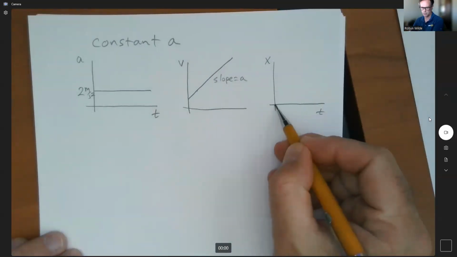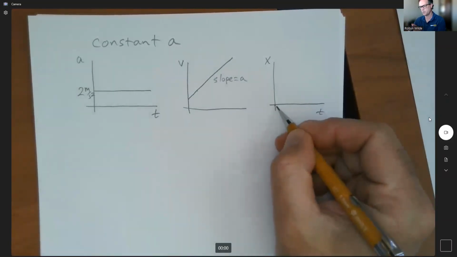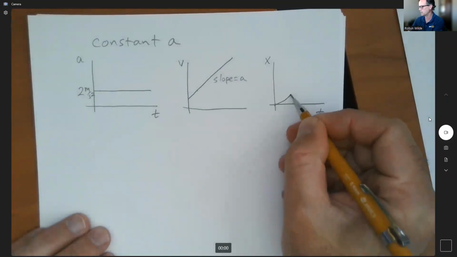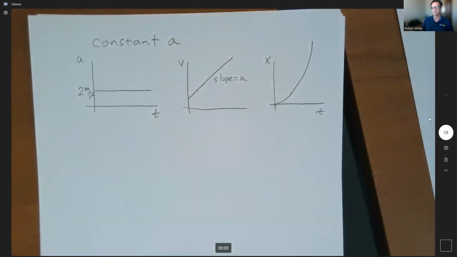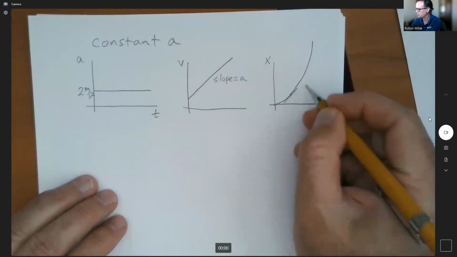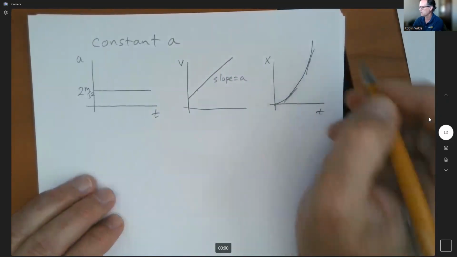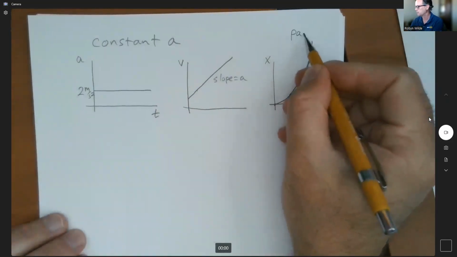I'm going to have a pretty slow velocity. But as time goes on, the slope is going to get bigger. And so I'm going to have a graph that kind of curves with time because at each instantaneous moment in time, the slope is equal to my velocity, and it's getting bigger and bigger as time goes on. As we'll see, this is actually a parabola.